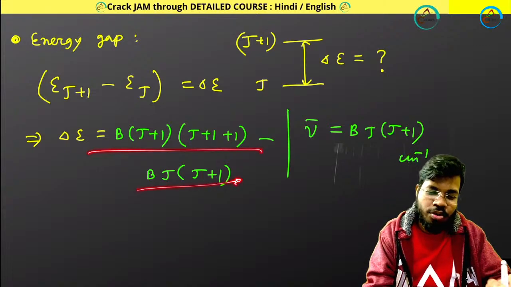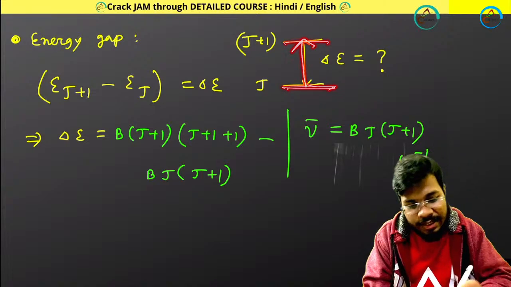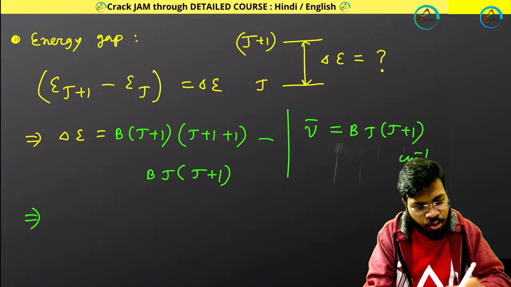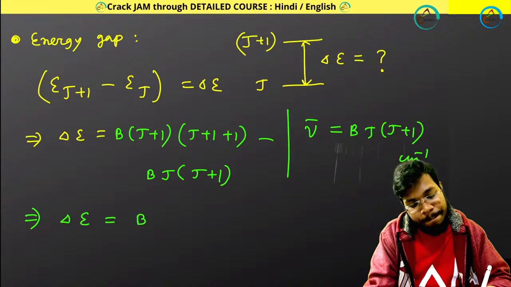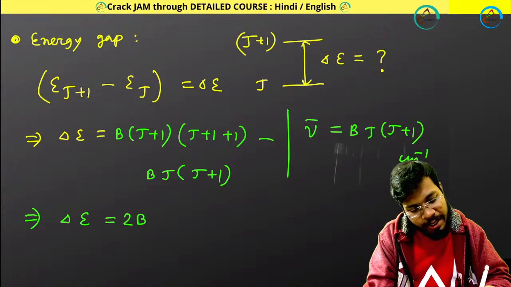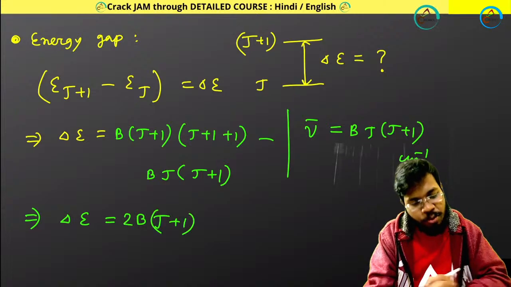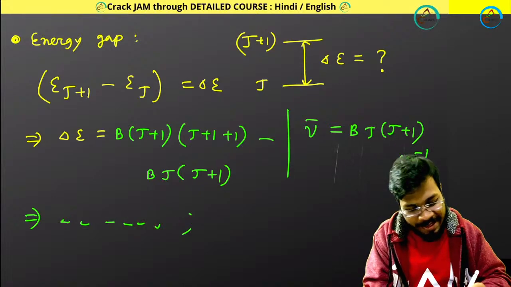If you do the subtraction, you will get delta E equals, not B, 2B into J plus 1. Simple, if you do the mathematics. Let me show you that basic mathematics.